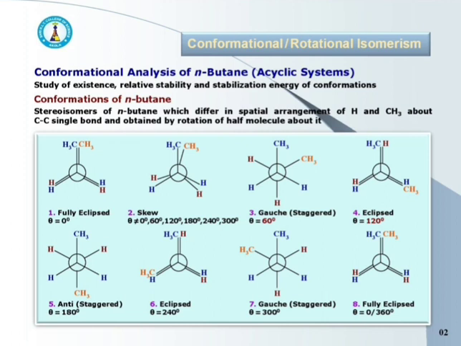It is just similar to conformation number 4. Now the conformation number 7 is again a Gauche conformation with dihedral angle 300 degree. It is similar to conformation number 3.